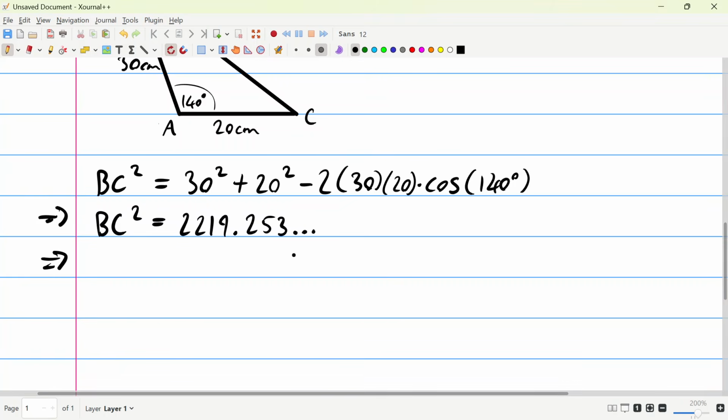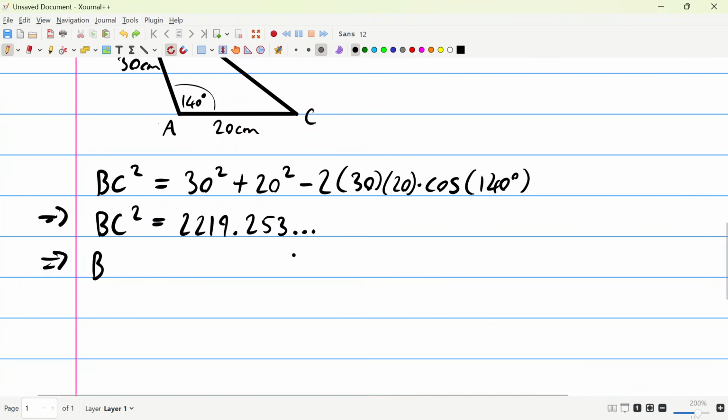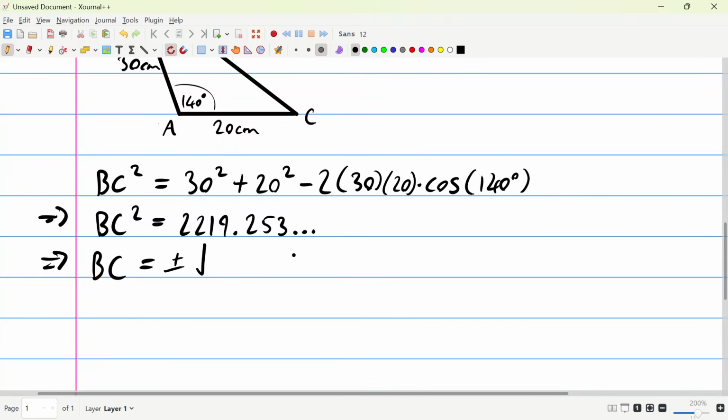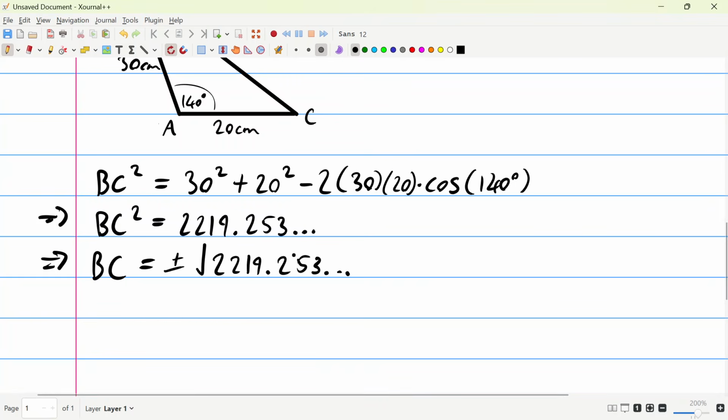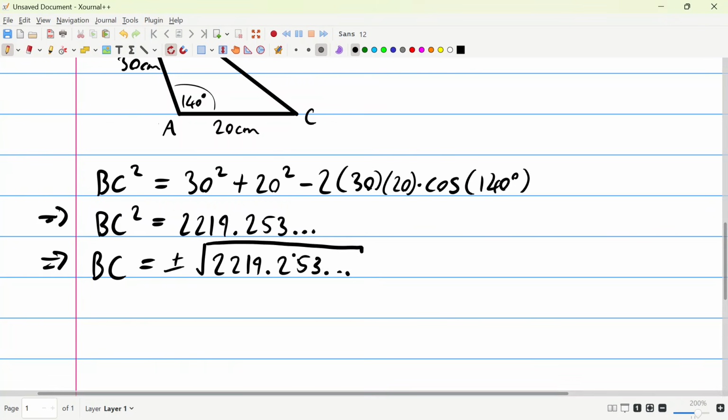And then remember that we need to square root both sides to make sure that BC is on its own. Then BC is going to be equal to plus or minus the square root of 2219.253... Just make sure you still have it on your calculator.